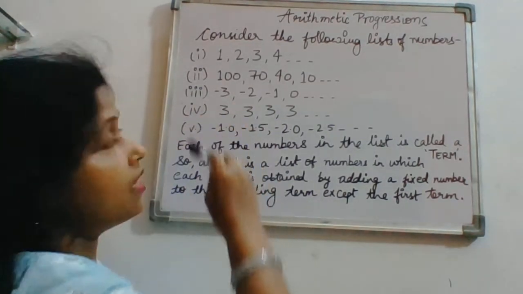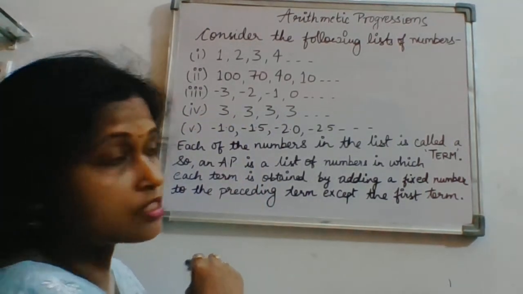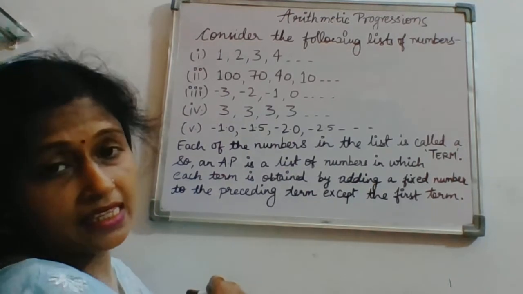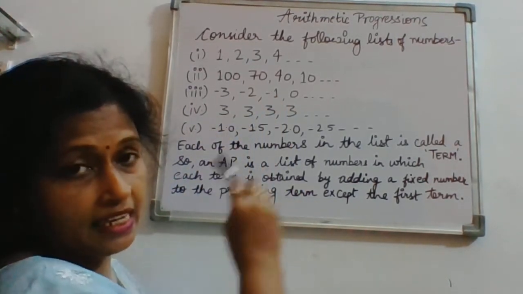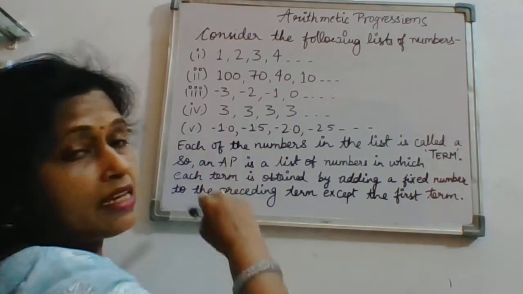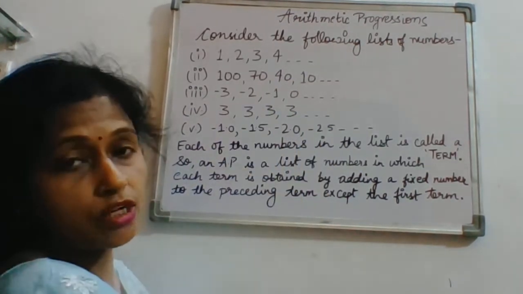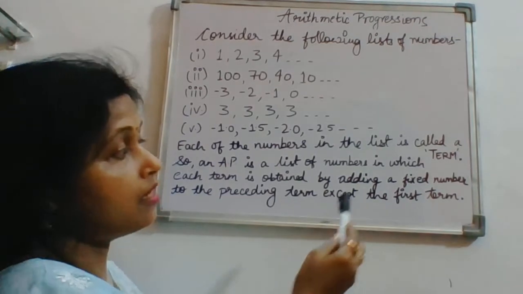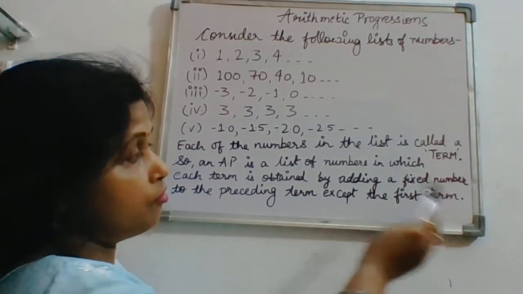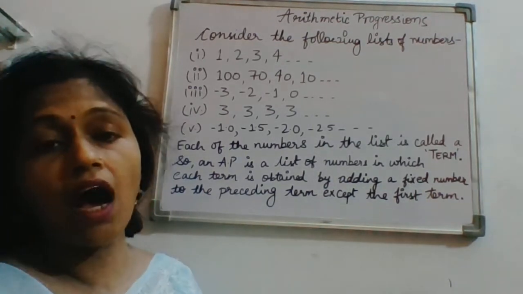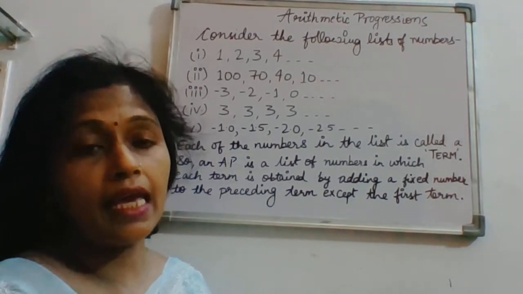Now in this, how much are we adding? Minus 30. Then we obtain 70. In 70, if we add minus 30, we get the next term. So a fixed number is added to the preceding term except the first term. That list of numbers is termed an AP.